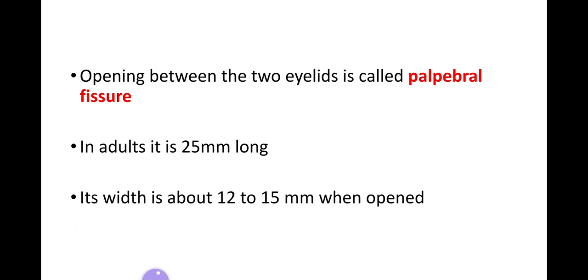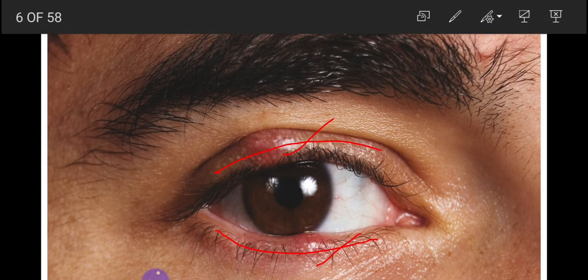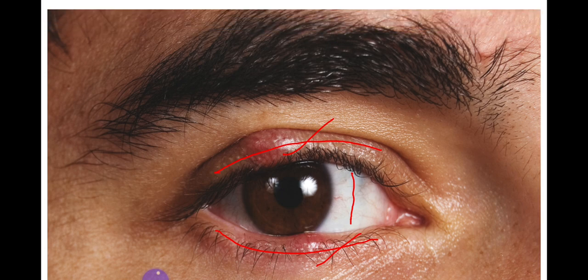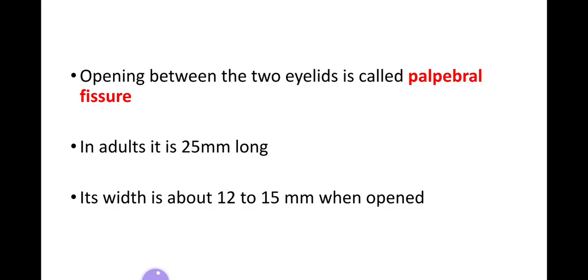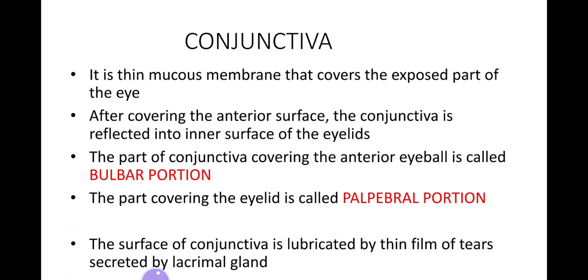Opening between the two eyelids is known as the palpebral fissure. This one is the opening. In adults, it is about 25 mm long and its width is about 12 to 15 mm when opened.